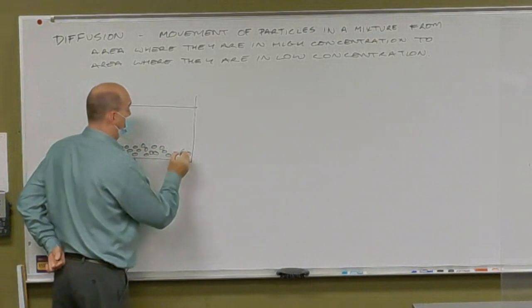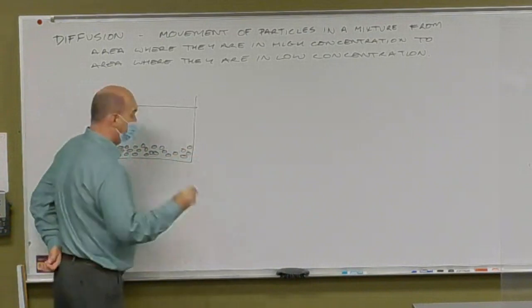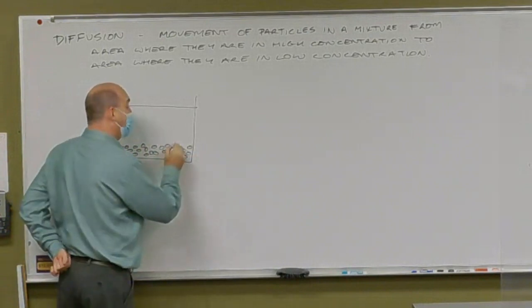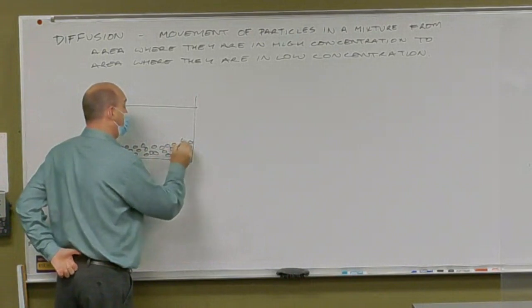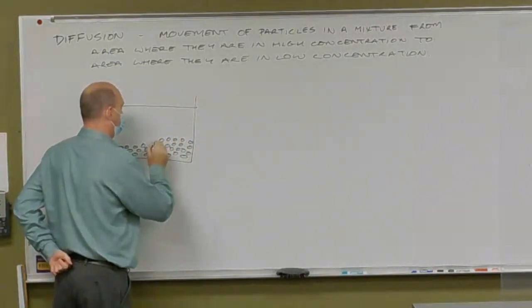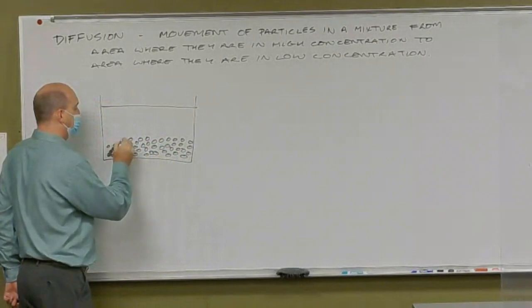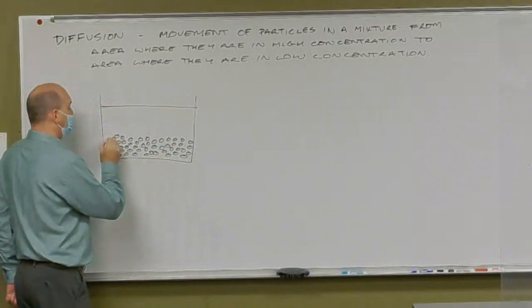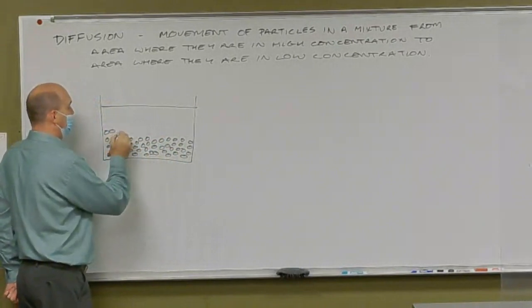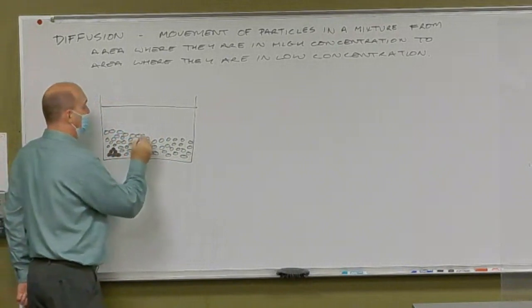Something else. For us, it's solvent molecules, but for gases, because we're still in the chapter about gases, diffusion works equally well for solutions or mixtures of gases. I'm going to have to draw a smaller beaker.